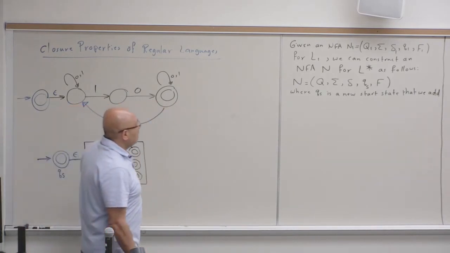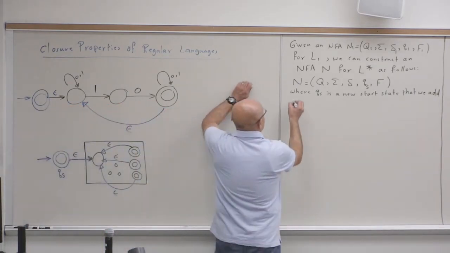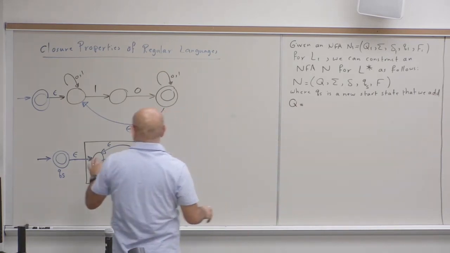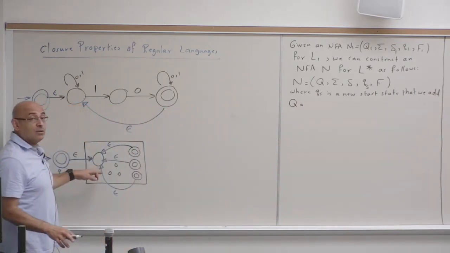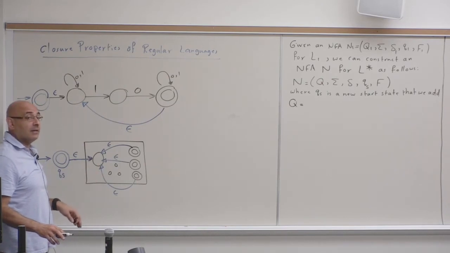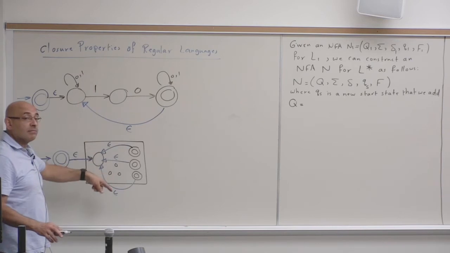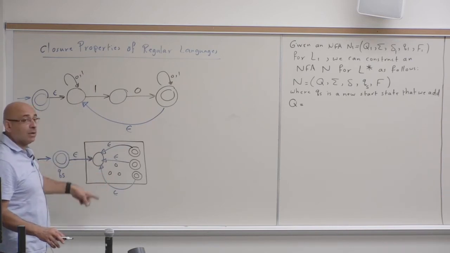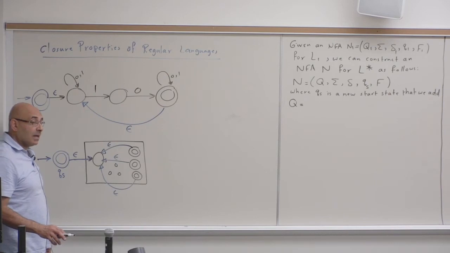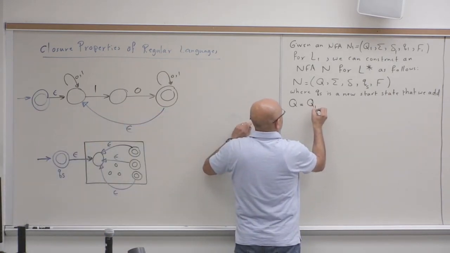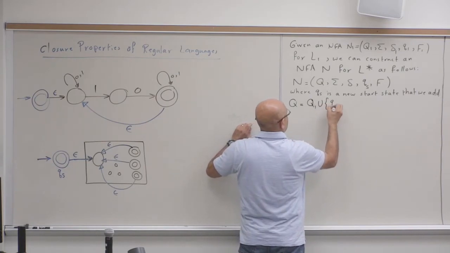And Q is going to be equal to what? What's the relation between Q for the star and Q for the original NFA? This is Q1. So what's the relation between Q and Q1? Q union QS. Yeah, exactly. So Q equals Q1 union QS.